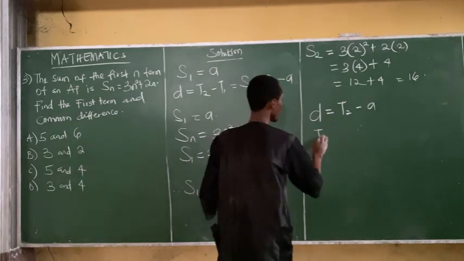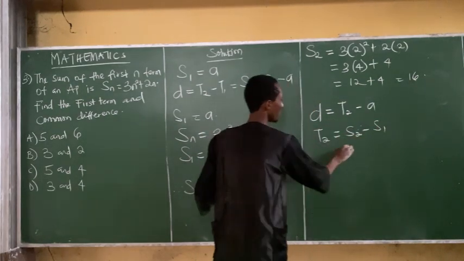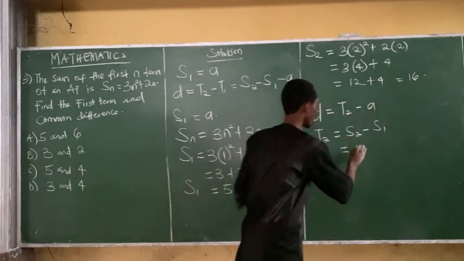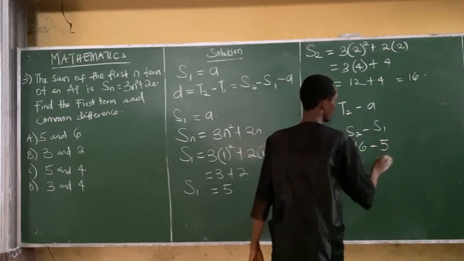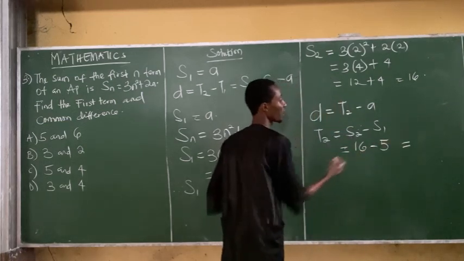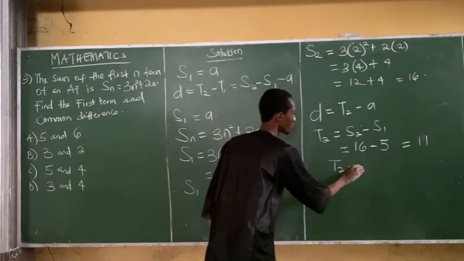The formula for T2 is S2 minus S1. We know our S2 to be 16, minus our S1, which is 5. 16 minus 5 will give us 11.